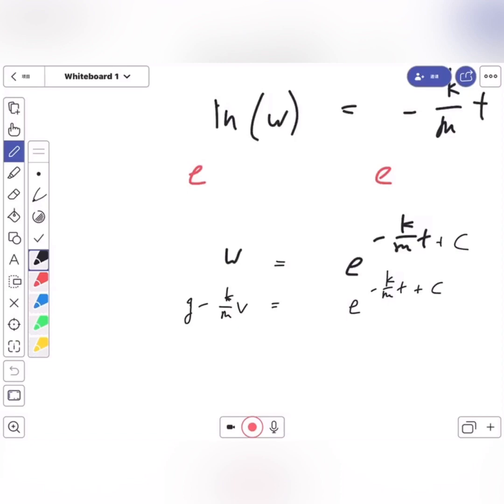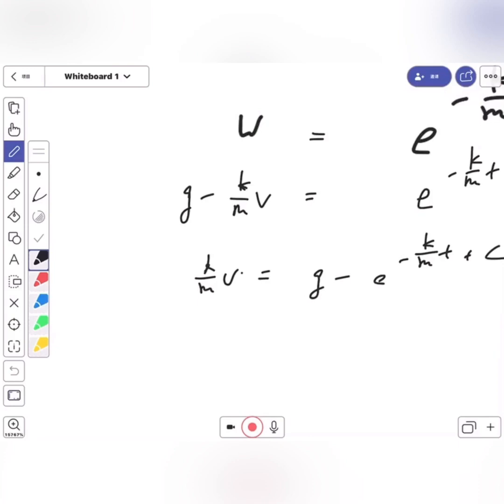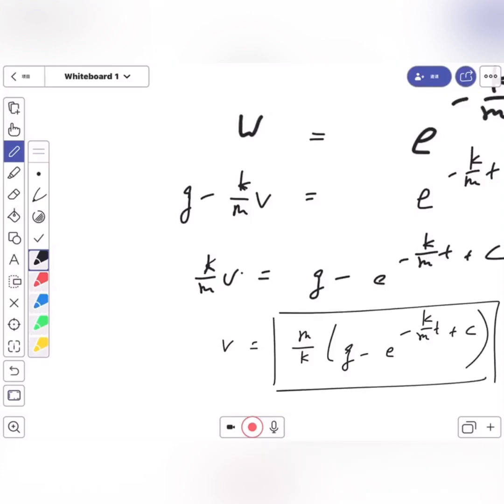So from that we just multiply by m over k. v is equal to m over k times g minus e to the negative k over m t plus c, and that is essentially our answer.